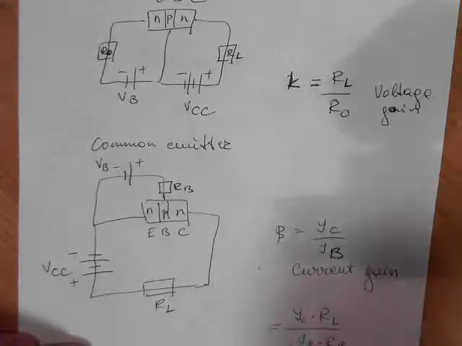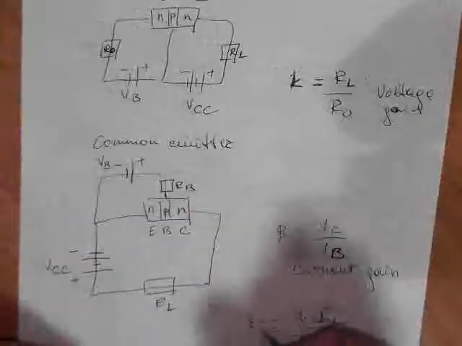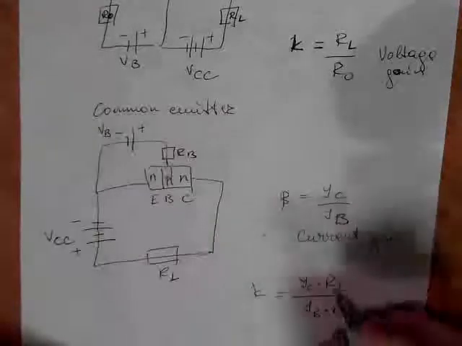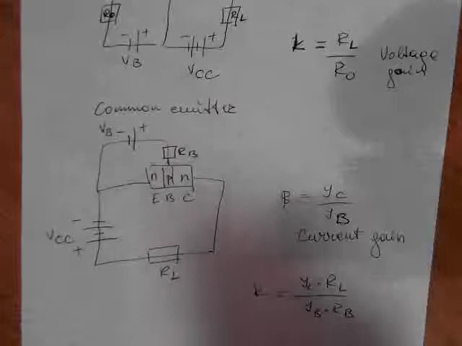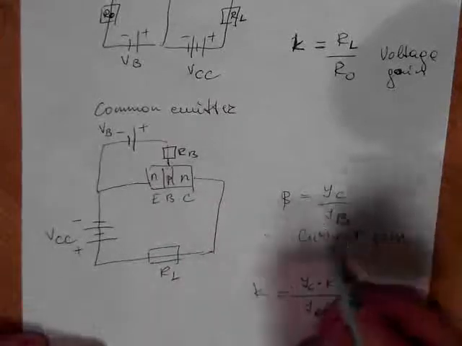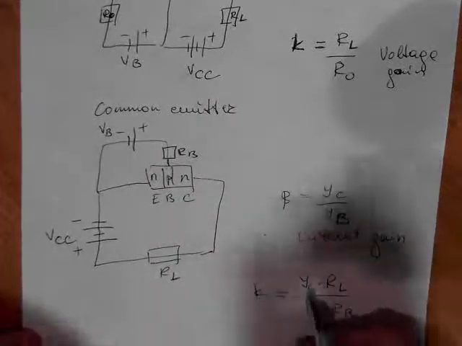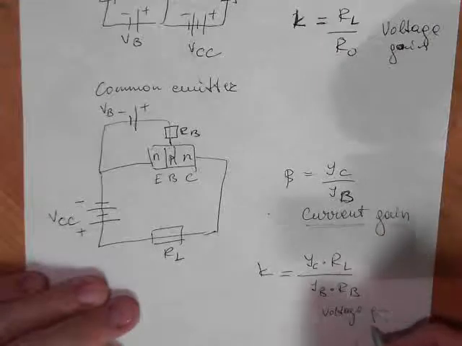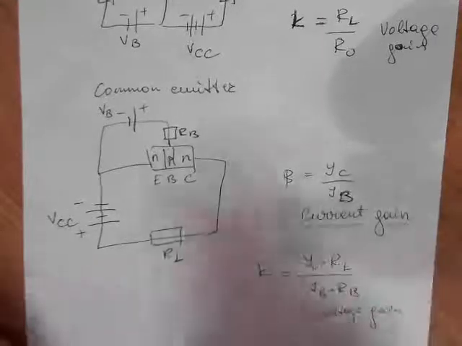So there will also be voltage gain because RL is higher than RB, but we're more interested in current gain. So common emitter is used for both: voltage gain and current gain, as it multiplies current.